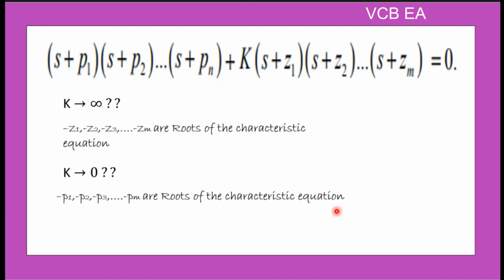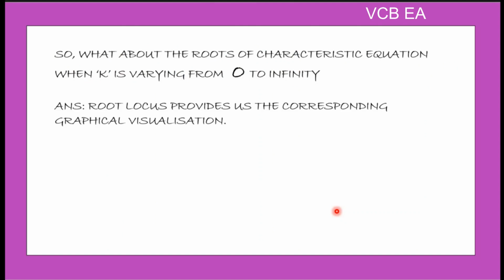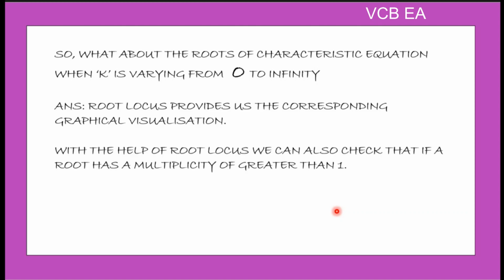But what will be the roots of the characteristic equation when K is varying from 0 to infinity? It is a bit difficult to solve by inspection. Root locus provides us the corresponding graphical visualization. Not only that, with the help of root locus, we can also check if a root has multiplicity greater than 1.